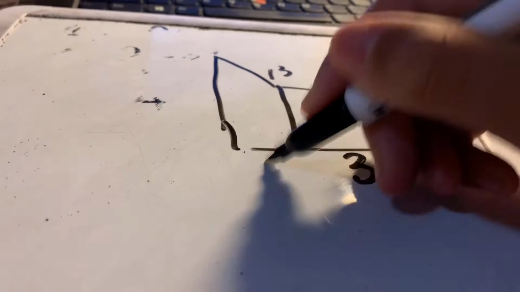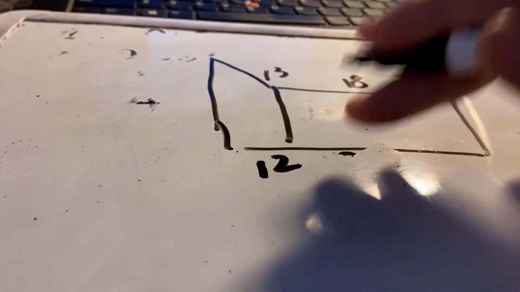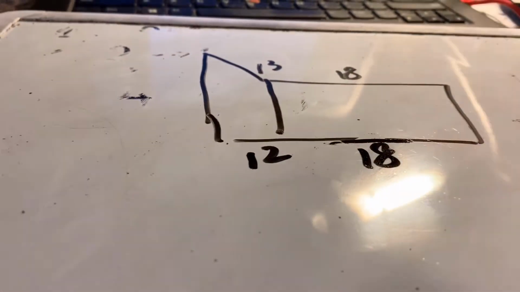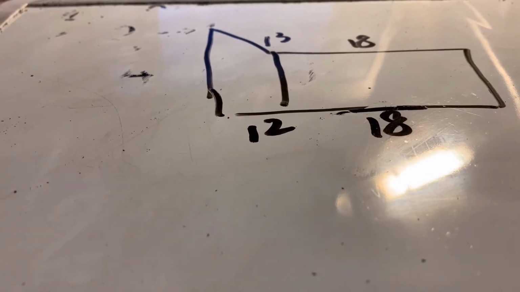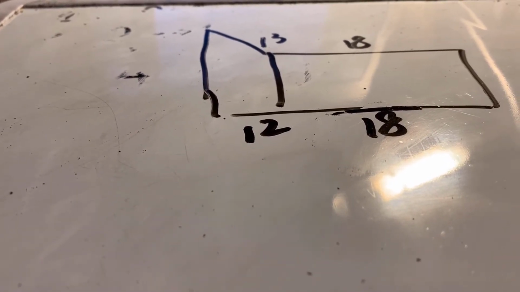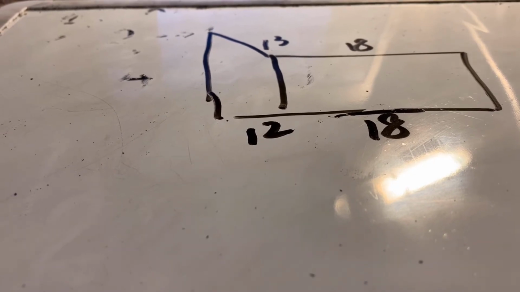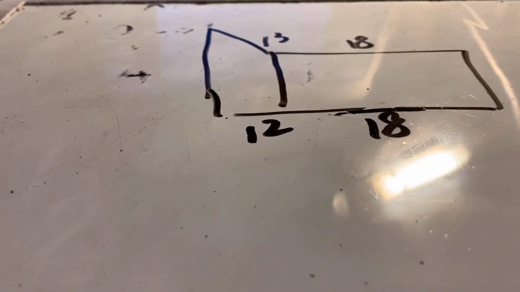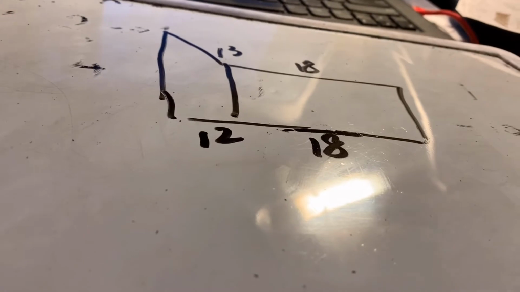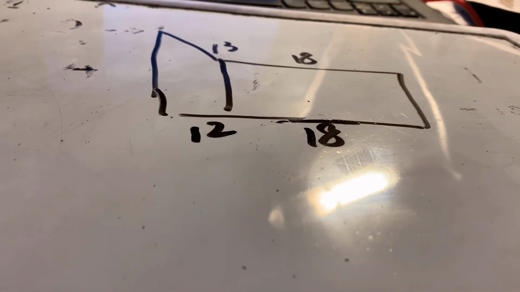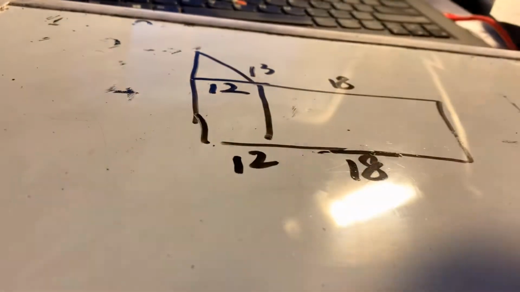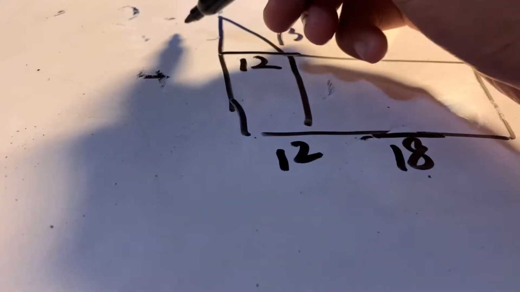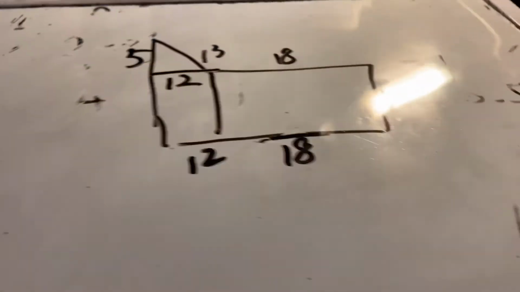And we know this is 8, 12, and this is 18. So we know that this here is 12, and this is equal to 5.